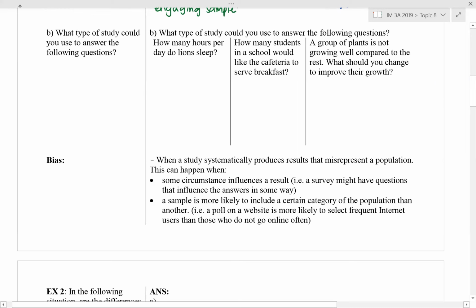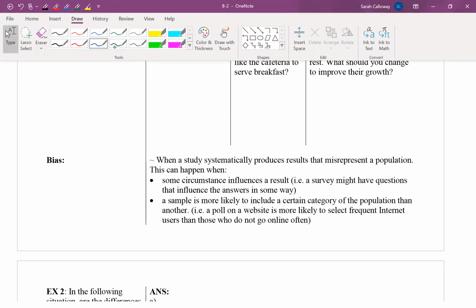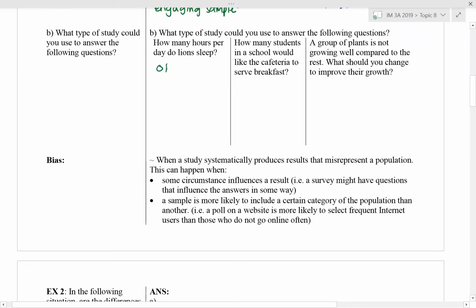No. This is going to be an observational study. I can just observe the lions in the wild and record the time they spent sleeping.